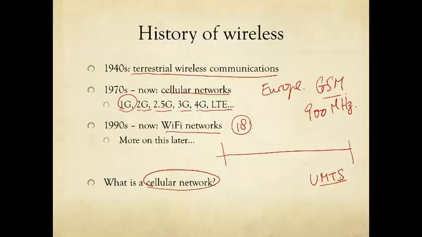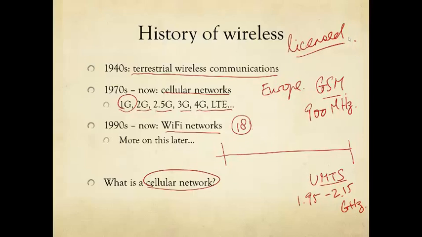And one of the popular third generation networks was called UMTS, whatever that means. We're not going to be bothered with the acronyms too much today. 1.95 to 2.15 gigahertz part of the spectrum was devoted to UMTS. And these are the so-called licensed band, meaning that you have to pay government a lot of money in order to have the right to transmit.